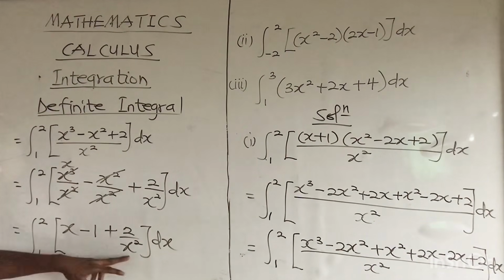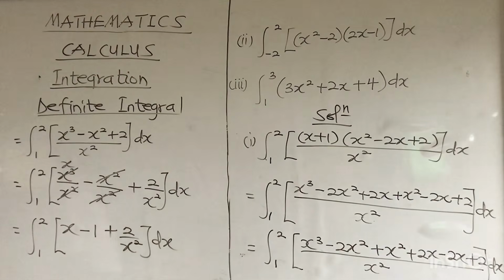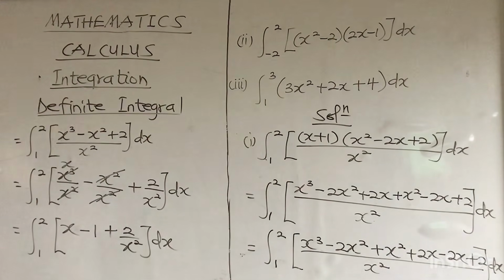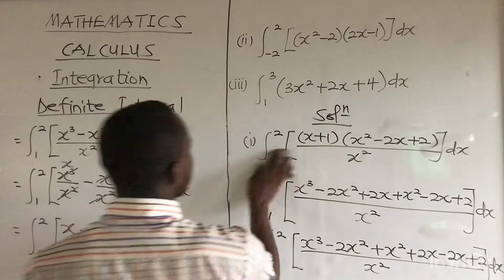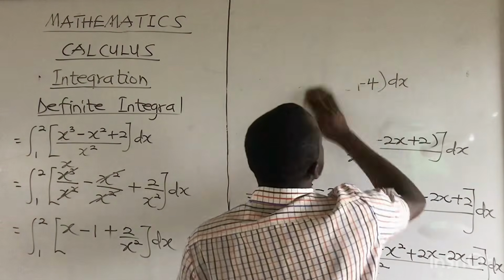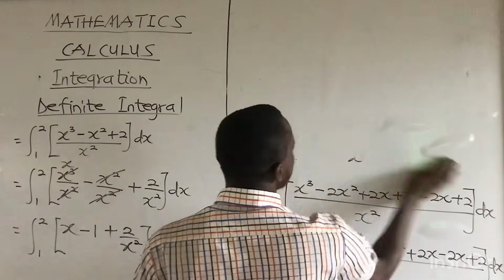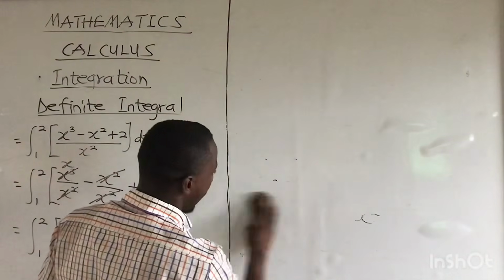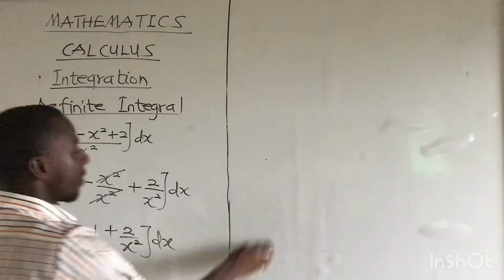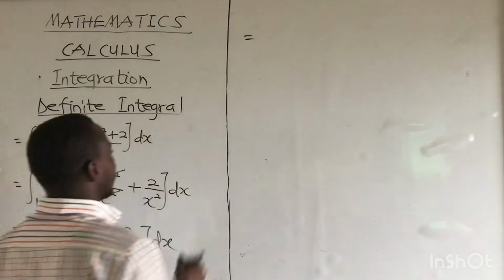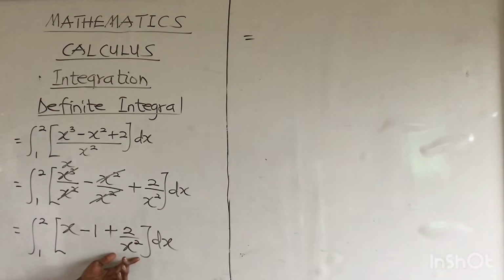So we need to rewrite the 2 over x squared before we can integrate.